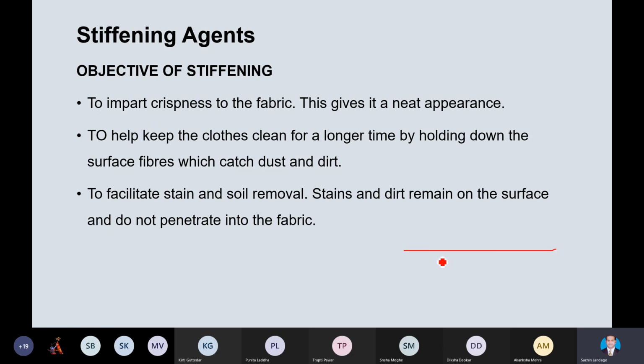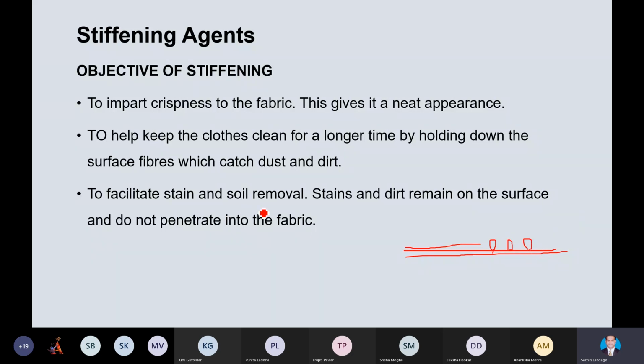Suppose this is our fabric, and on the surface they form a thin layer. So if any dirt or dust comes, it will get deposited over here only. It will not penetrate inside the fabric structure.